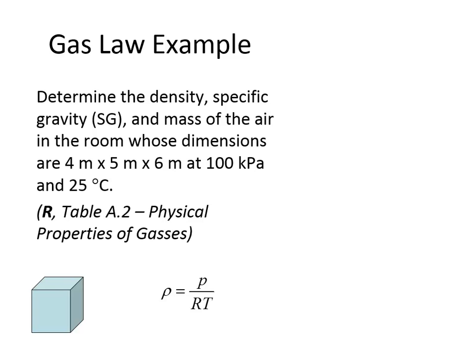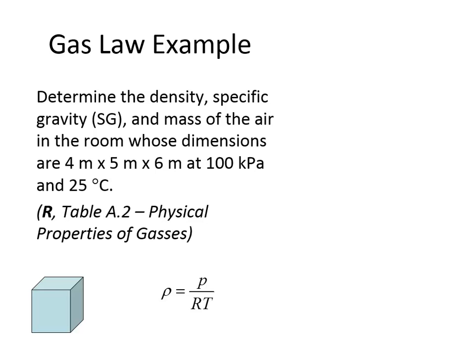All right, good. So it's going to be, in this case, the density of air relative to the density of water. All right, we just calculated that the density of air was 1.169 kilograms per cubic meter.